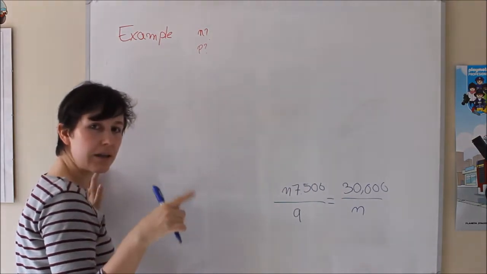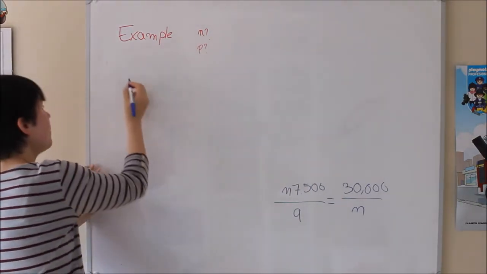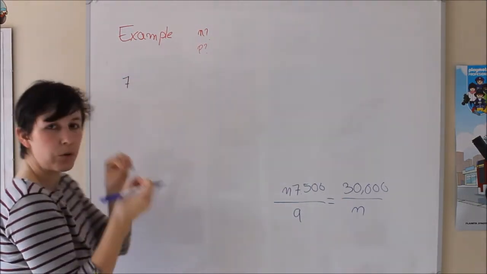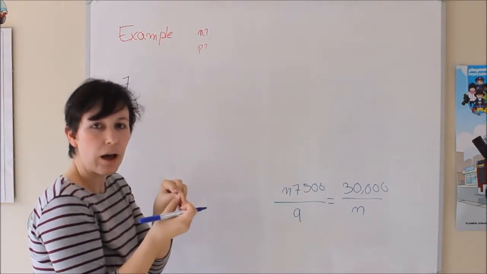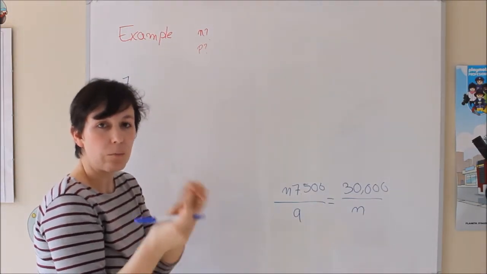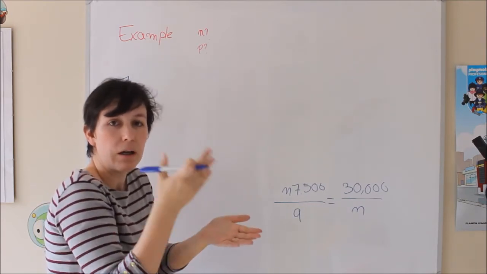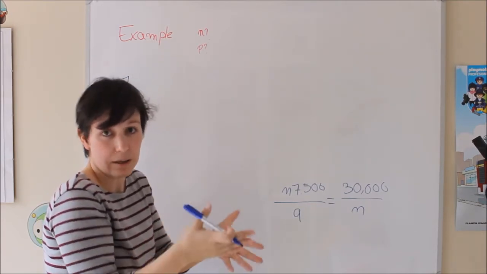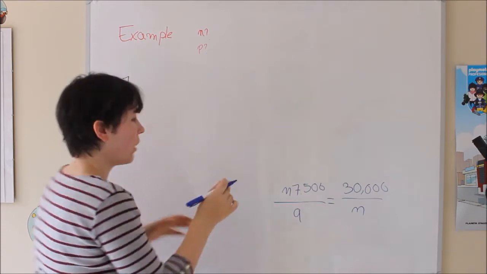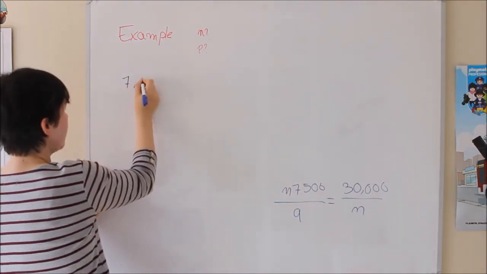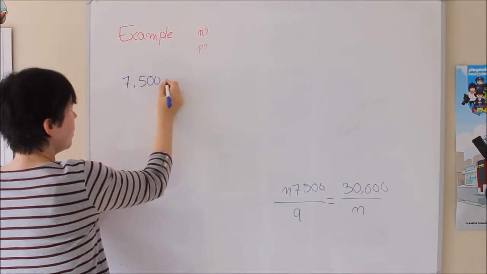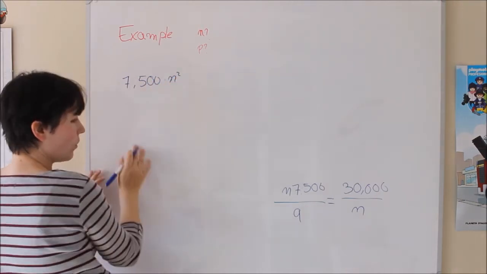N times n is n squared. So I'm going to put together the two n's that we have, because both of them are multiplying: one number times the same number is the number squared. Here it's going to be n squared.